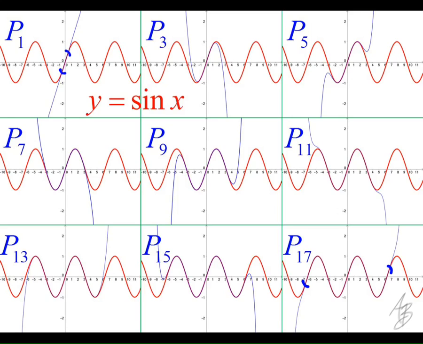That's going to be the last term in it. What this indicates to me is that if I add enough terms, and it's going to have to be a lot, it's going to have to be infinitely many of them, but if I add enough, the interval is going to get bigger and bigger and bigger, and it's going to cover the entire x-axis. So this polynomial is converging for all values of x.